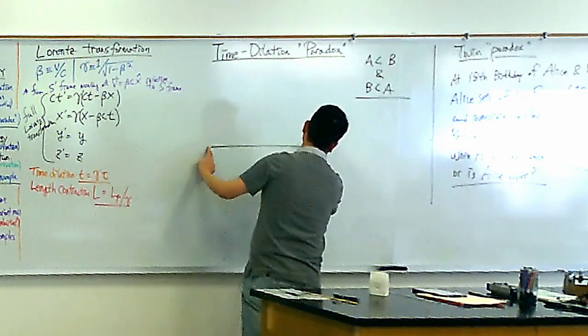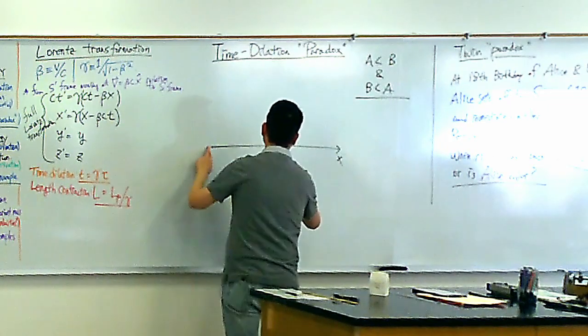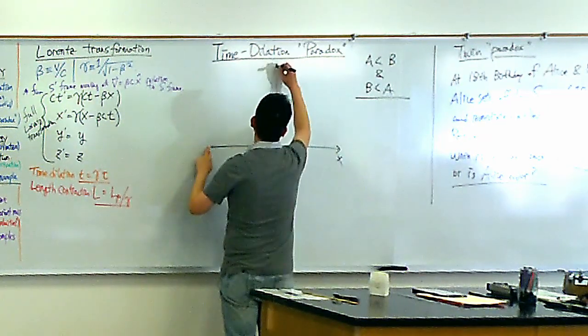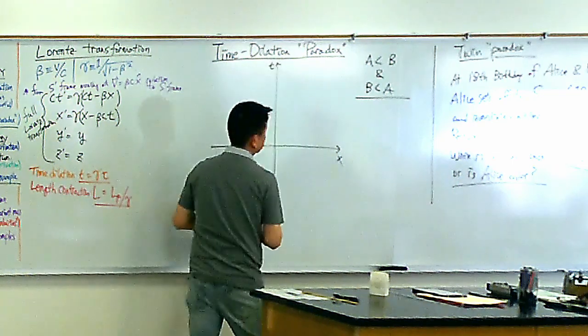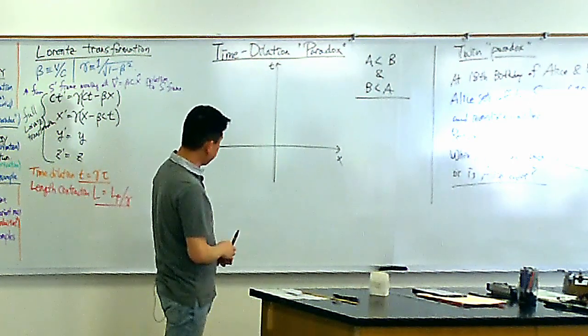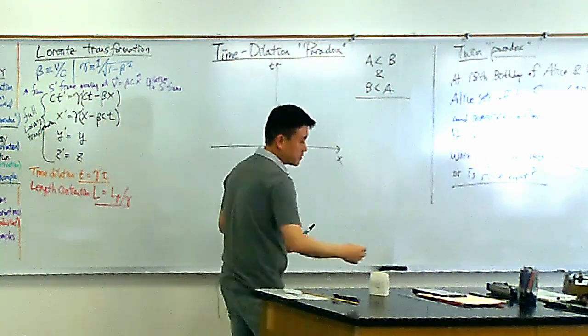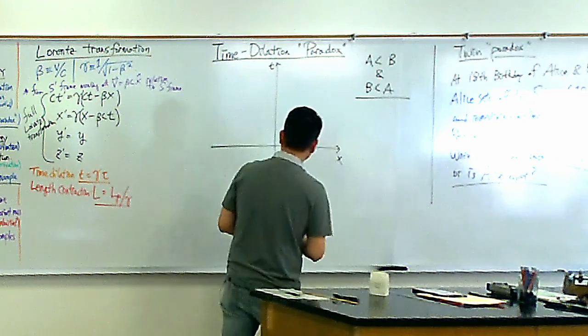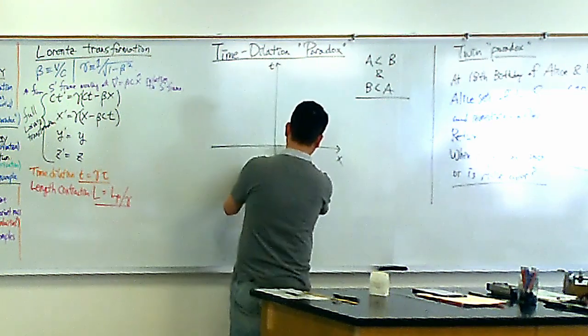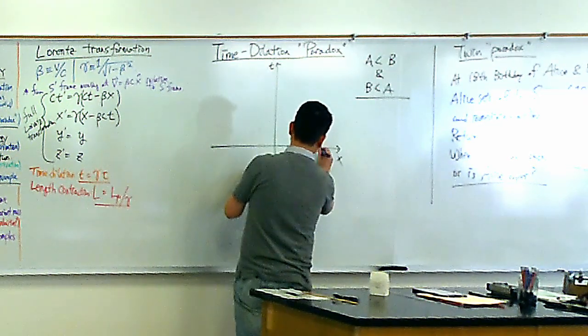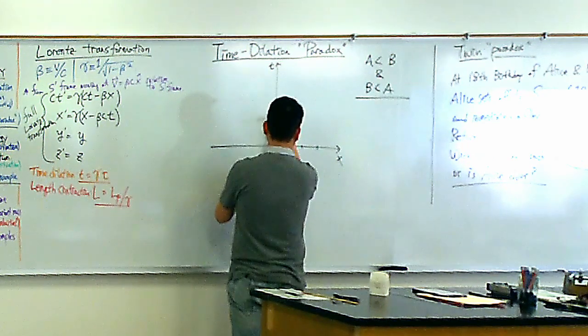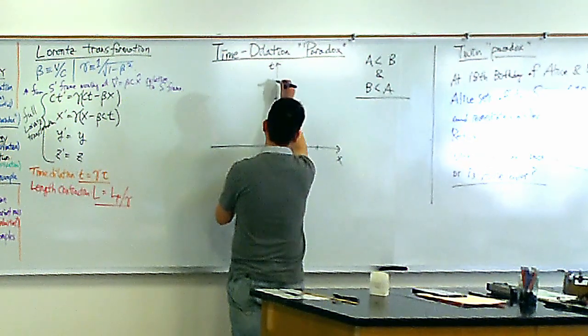Let me draw the space-time diagram. So this is my lab frame, which would be Alice's reference frame. And this time, I need some kind of markers to indicate how much time is passing for Alice. So 1, 2, 3, 4 units.